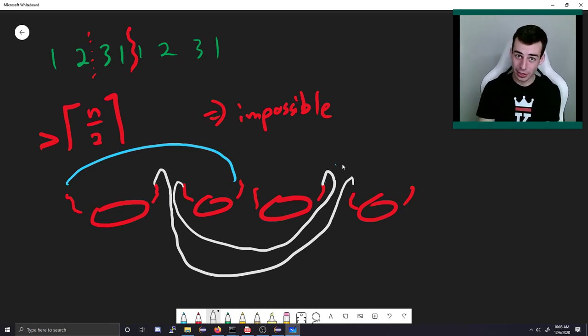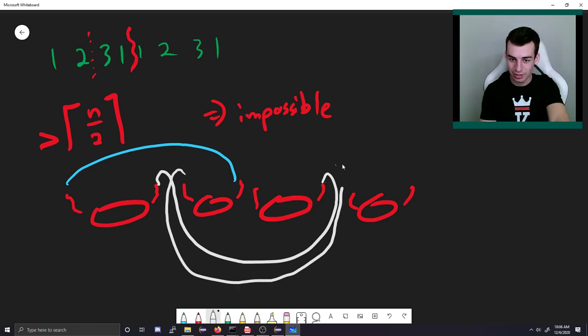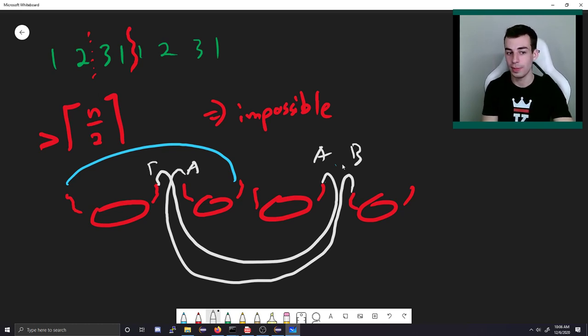Now this isn't necessarily possible, but if it's not, then we can reverse these 2. So we can make this first one join this like that, and this join this. We know one of those will be possible because we know these 2 are different, right? So this is A and this is B. And then if the first one didn't work, that means this one needs to be an A, or this one's a B, right?